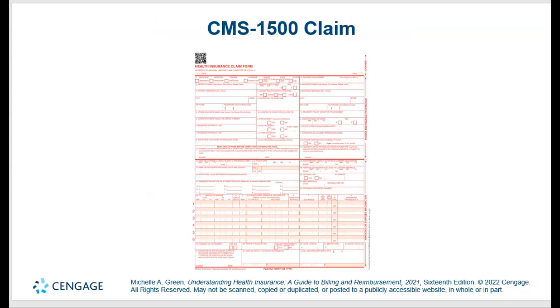So this is what the CMS 1500 claim would look like. Keep in mind, there's a better copy of this in your textbook. But as you can see here, it asks what insurance up here. You have to fill out the patient's name, the type of insurance they have, dates of service, and then we will get into the actual coding aspect next week. Codes have to go down here.